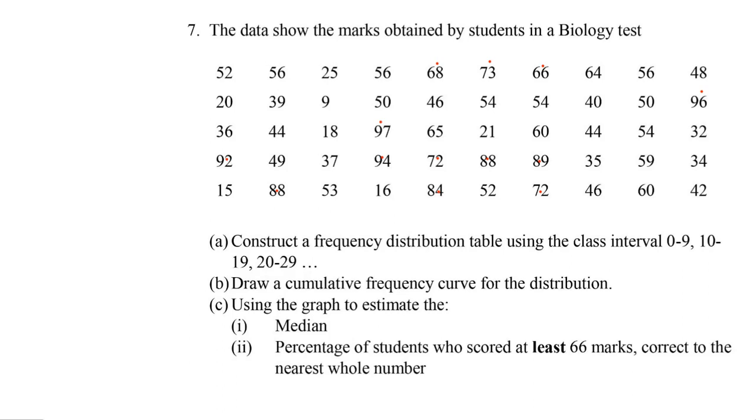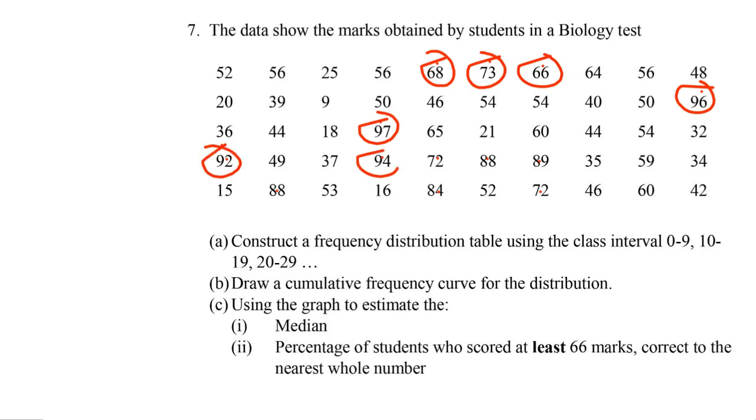So we have 1 here, 2, 3, 4, 5, 6, 7, 8, 9, 10, 11, 12, and 13. So we have 13 students that scored at least 66 marks. So we have to find the percentage.